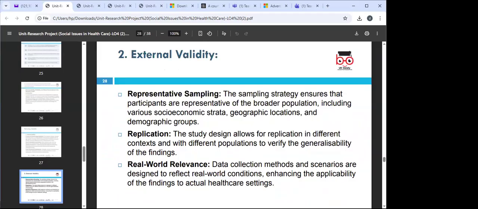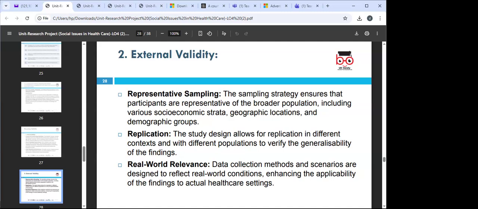These are things you need to look at. External validity. Representative sampling. The sampling strategy ensures that participants are representative of the broader population, including various socioeconomic strata, geographic locations, and demographic groups.